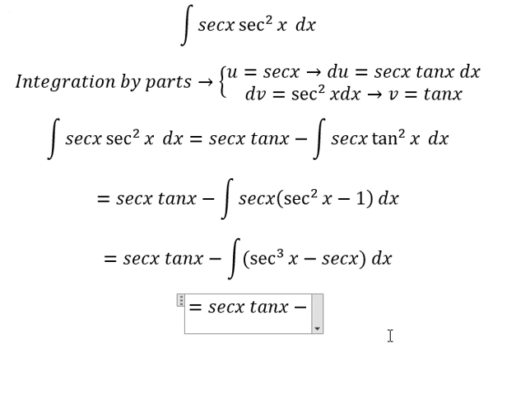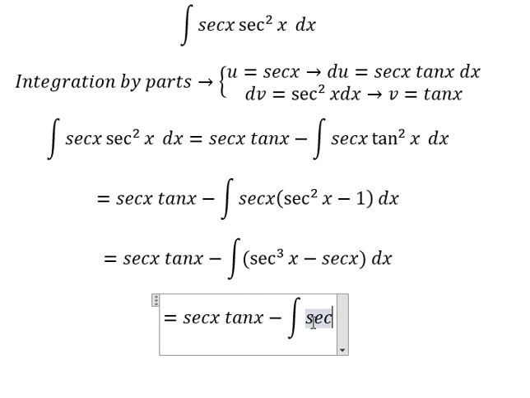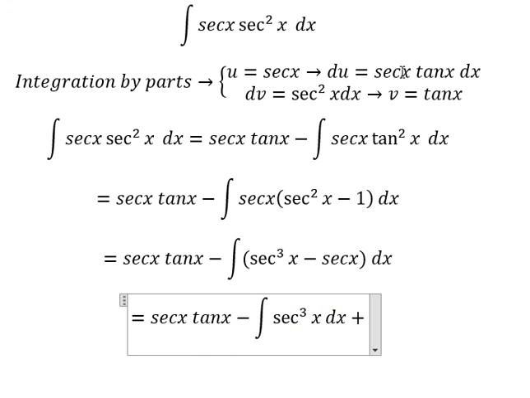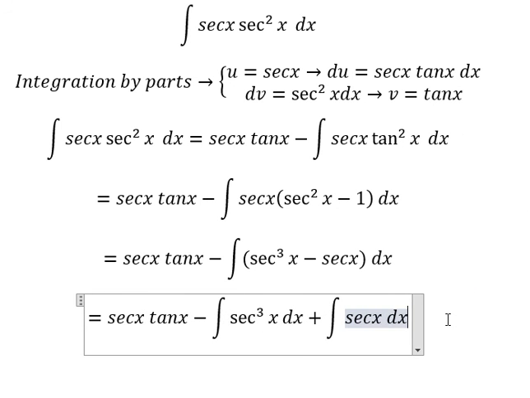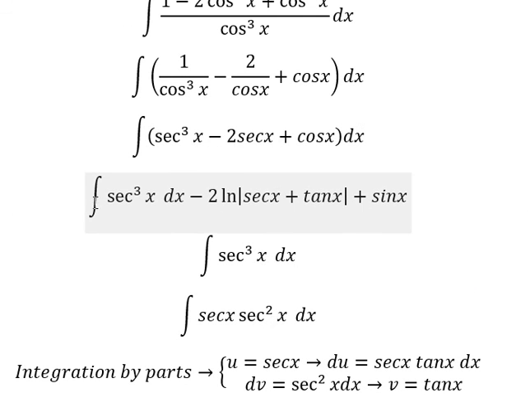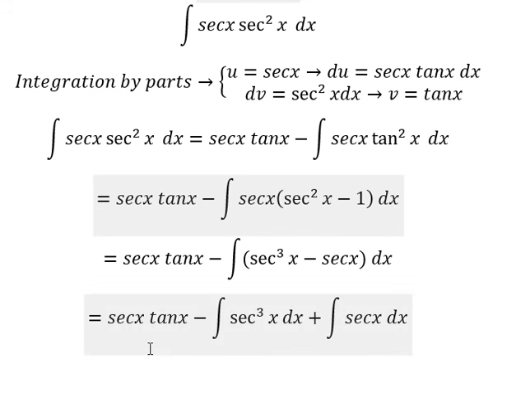So we will get the integration of secant of x to the power of 3 dx plus the integration of secant of x dx. We know that this one equals this one.